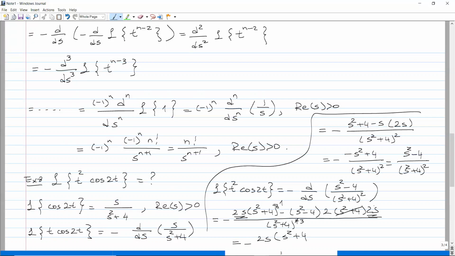If I factor out 2s, s squared plus 4 is canceled out, minus 2 times s squared minus 4. So minus 2s squared plus 8 over s squared plus 4 cubed.